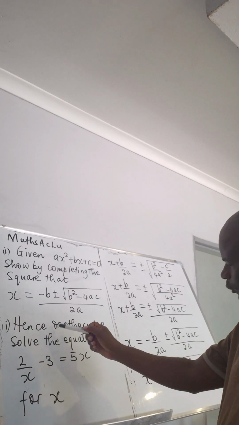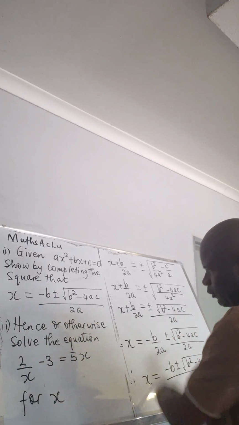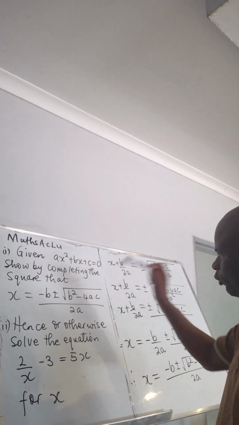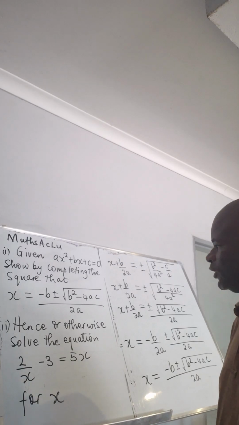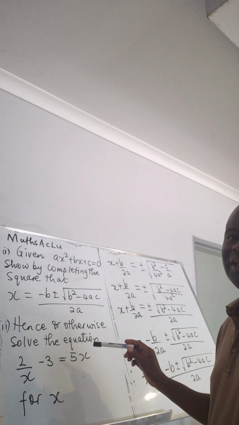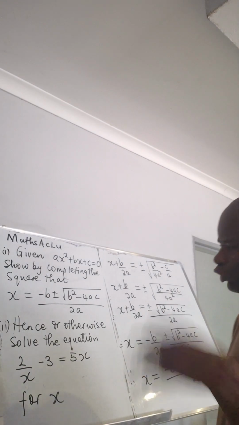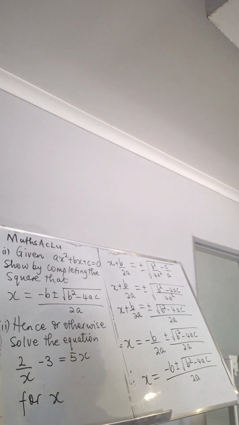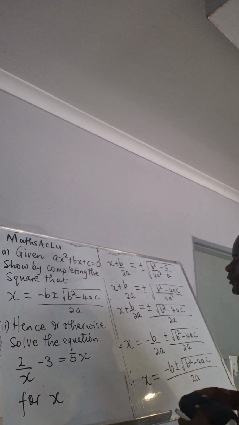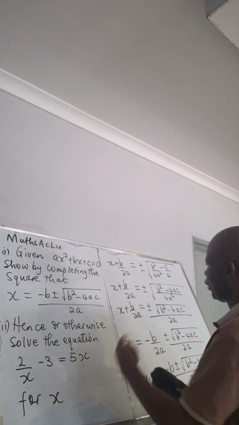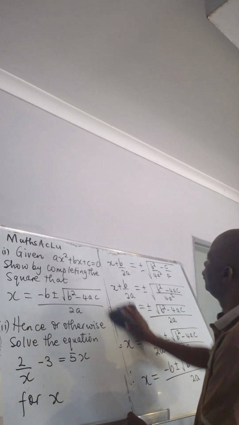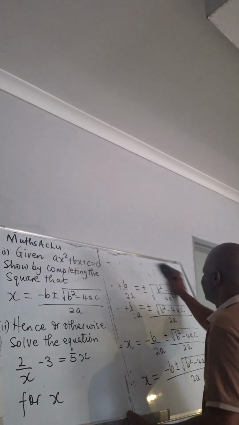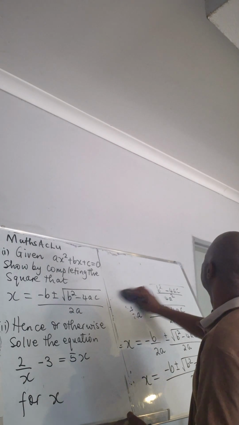So if the question says hence and doesn't say otherwise, obviously you are going to use the previous results. If you don't use the previous results and you just start something new, you will lose marks. In this case, hence or otherwise, you have a choice of using the previous result or starting something new.